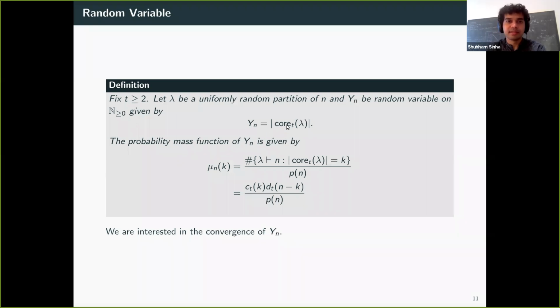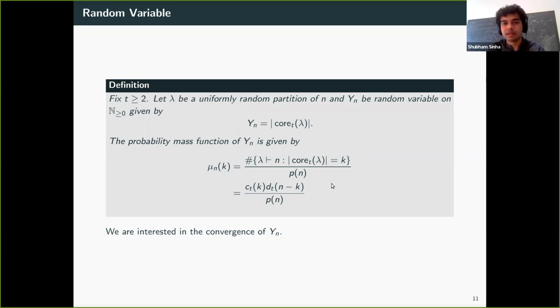This is a discrete random variable, and you can see it as a probability mass function given by mu_n(k), the number of partitions lambda of n such that the size of its core is k, over p(n). So you have to divide by p(n) to get the probability mass function.